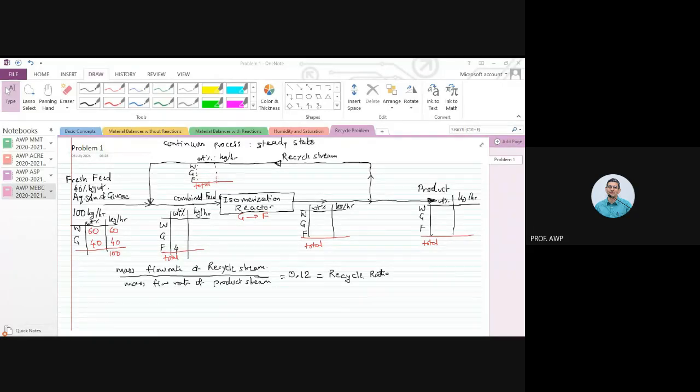No? Nobody's using two unknowns. Everybody's using three unknowns. Anybody using one unknown? Anybody using five unknowns? Sir, one unknown. One unknown. Okay. Anybody using zero unknowns?